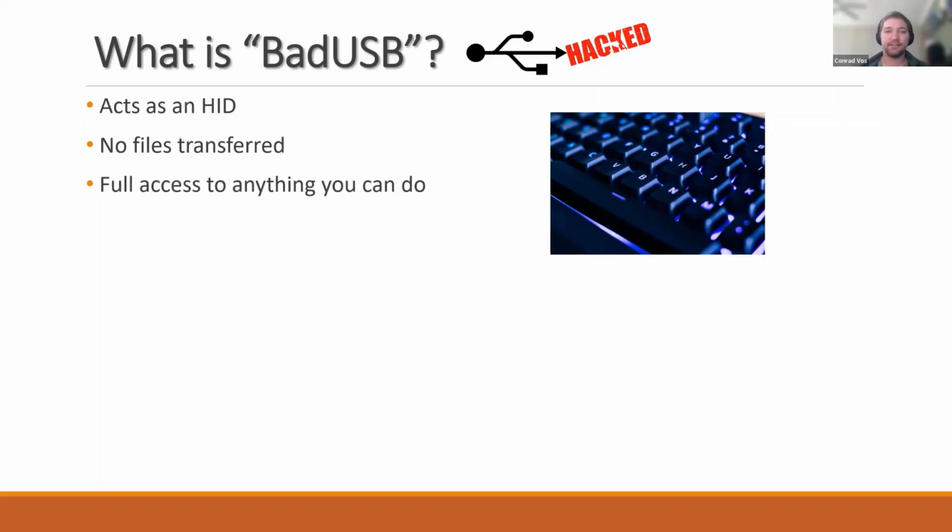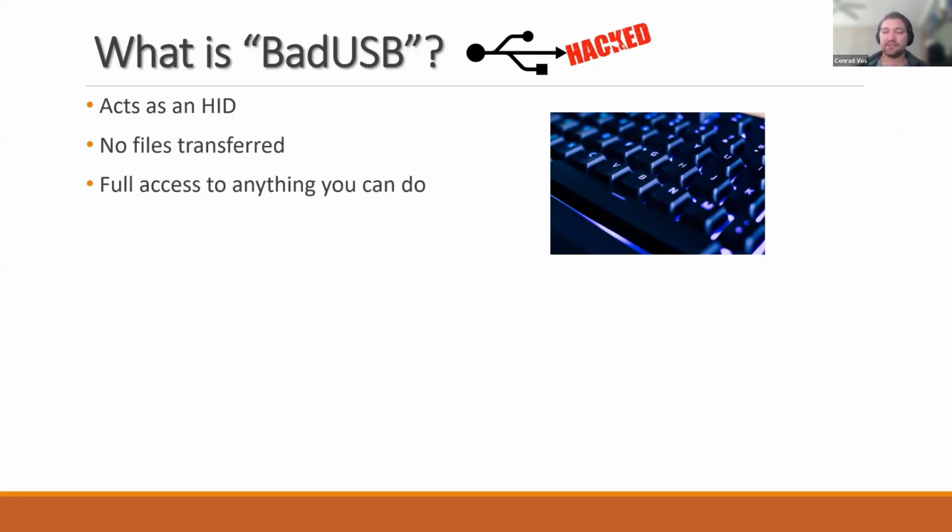It doesn't need any specific programs to be executed on your computer, so it isn't detectable by antivirus software that looks specifically for files. It will essentially just be able to bypass most security measures that are software-based.